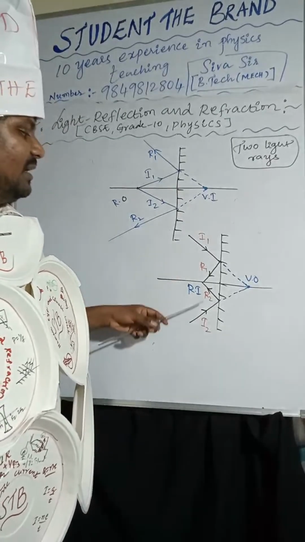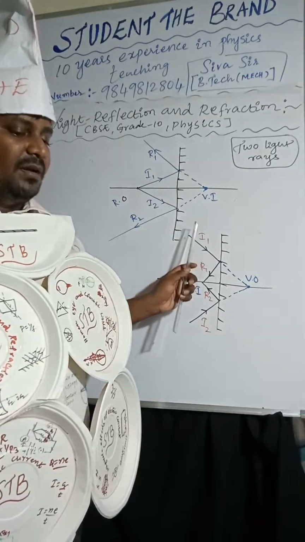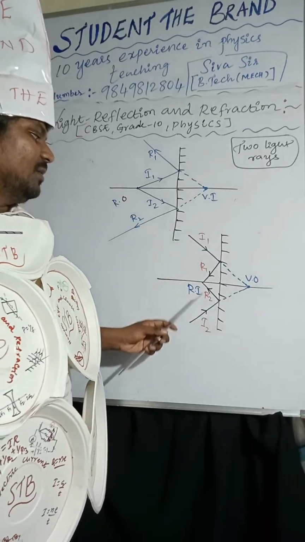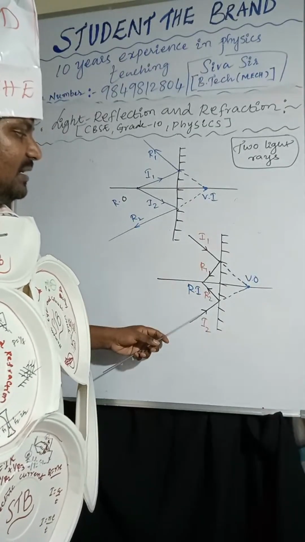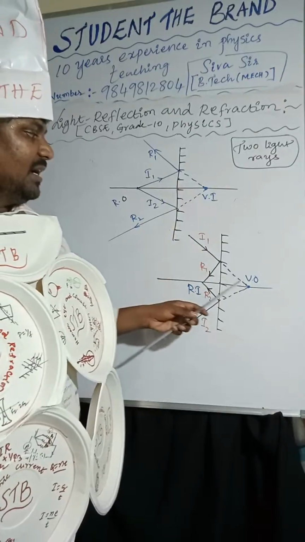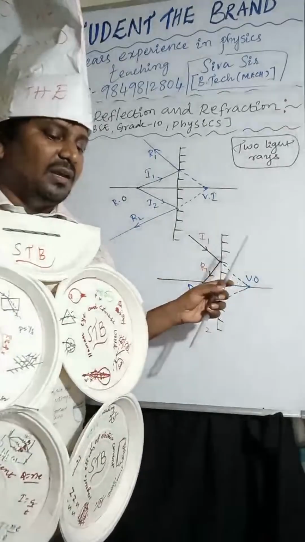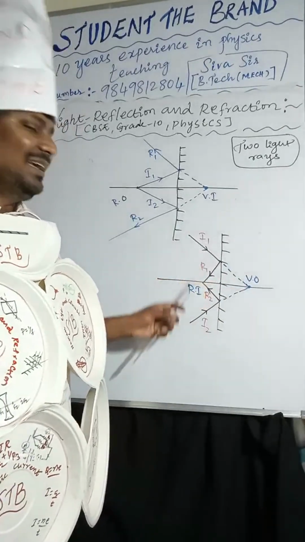So this is the incident ray. After reflection, those light rays are meeting at one point. This is the real image. If you extend these incident rays, those incident rays are meeting at one point. So here we can observe one thing. Here we are extending the incident rays.